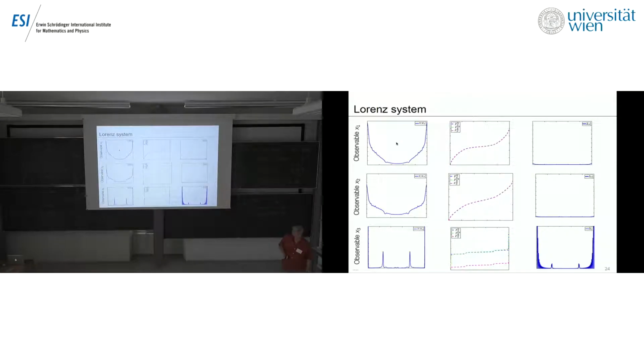The famous Lorenz system. Here we take different observables, the coordinates x1, x2, x3. No action on the first coordinate, no action on the second, a lot of action here. So this is a very clear indication that the third coordinate in the Lorenz system is responsible for a singular continuous spectrum.